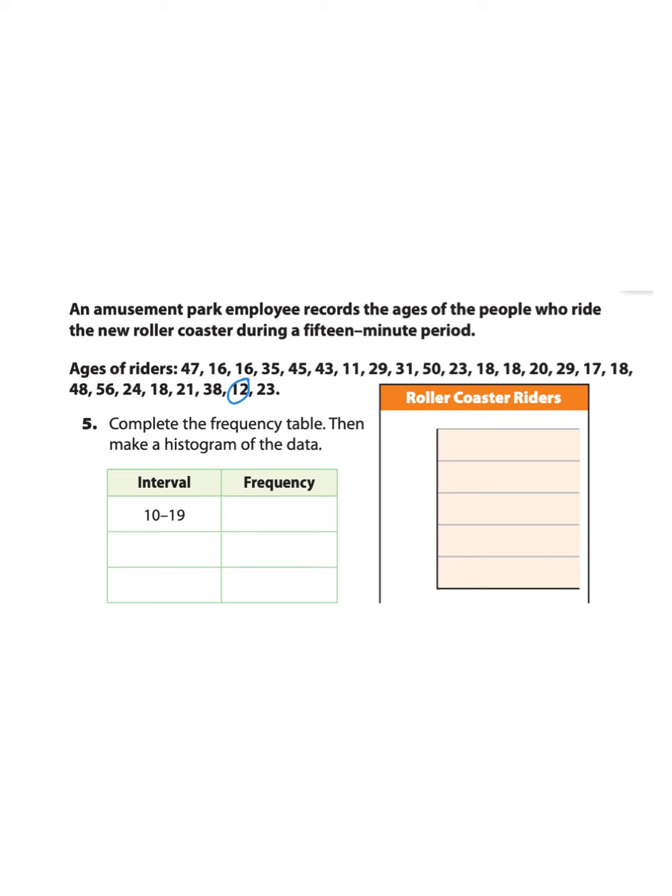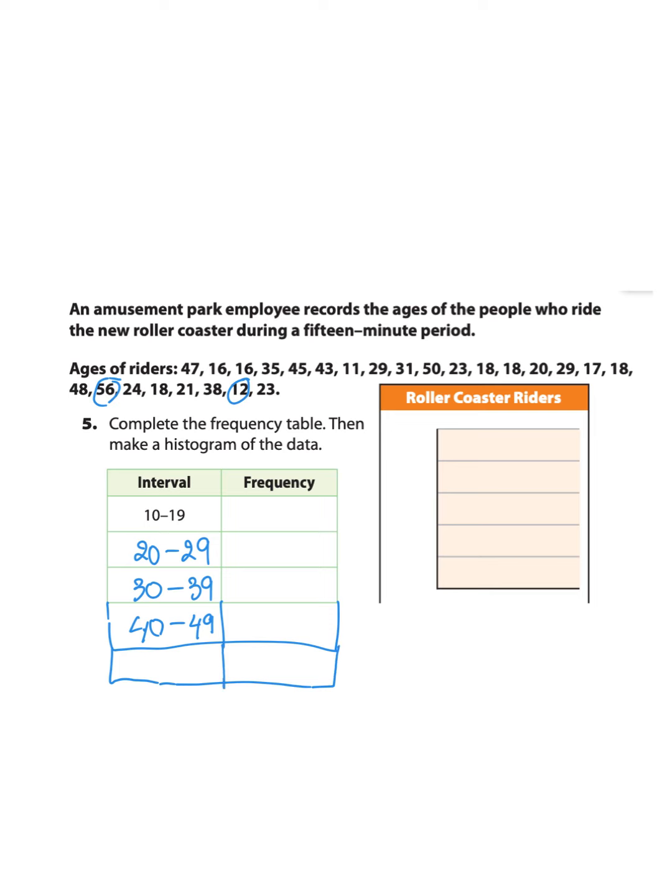So we're going to create the intervals. The first one I want you to do is 10 to 19. I need to keep going with my interval: 20 to 29, 30 to 39, 40 to 49, and the oldest person is 56, so I have to have 50 to 59.